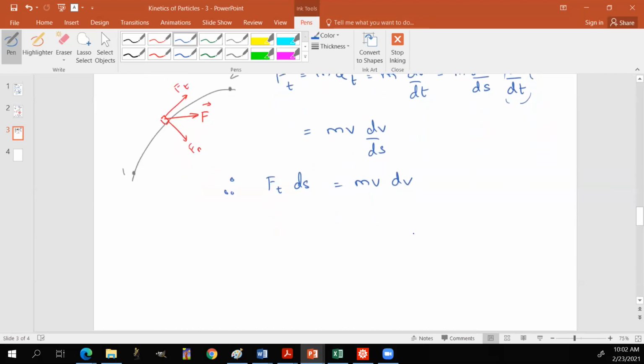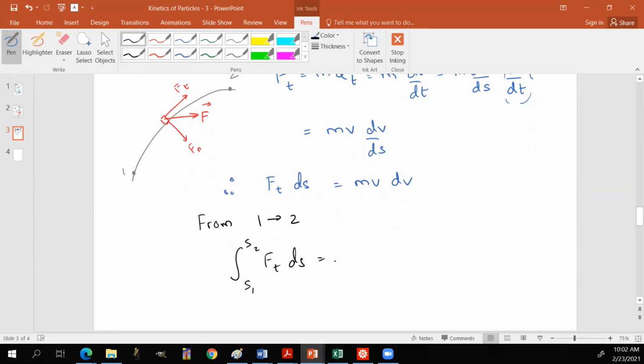Can you guys see where we're going? When you're moving from position 1 to position 2, you're going to integrate for those two positions, 1 and 2. So let's say S1 to S2, Ft ds, right? So this is the work done from position 1 to position 2.